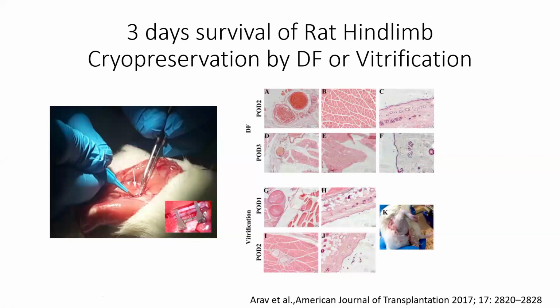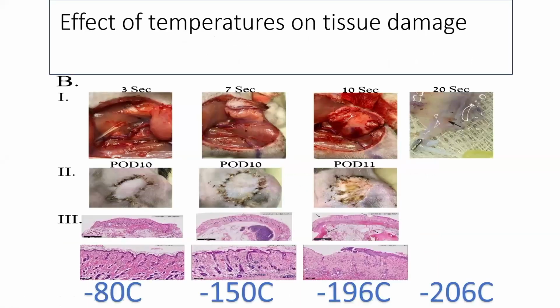We were lucky enough to measure temperature at different times in liquid nitrogen or liquid nitrogen slush. If you cool for 3 seconds or 7 seconds inside the slush, you reach down to minus 150 degrees centigrade, and the tissue looks okay.